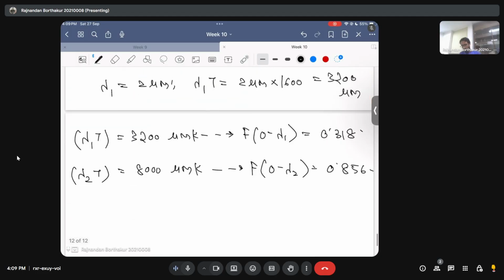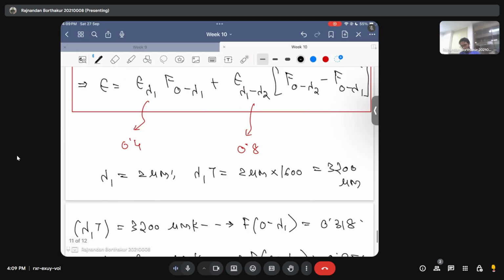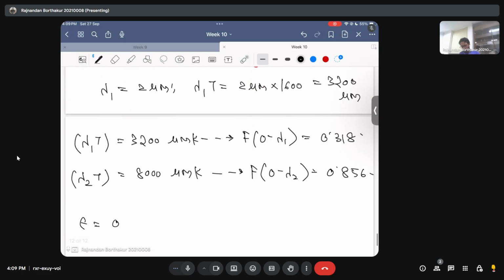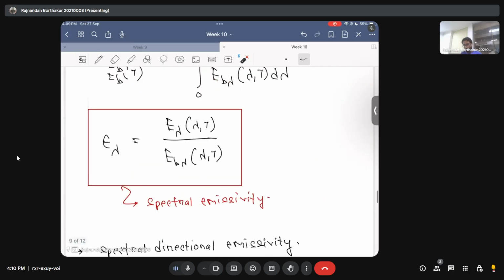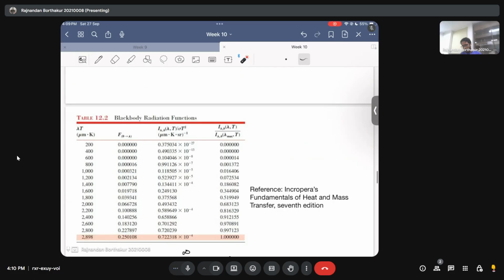So your total emissivity is equal to 0.4 times this f0 to lambda 1, which is 0.318. I believe you know how this came, right? Because it's just the table. If you remember the table that we saw, if I have a multiplication of this, you can get the f0 to lambda. That's all that we are doing. We are just looking at table 2.2 in the book of infrared. That's all.